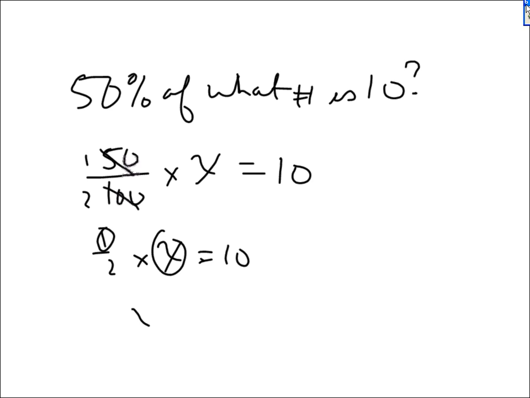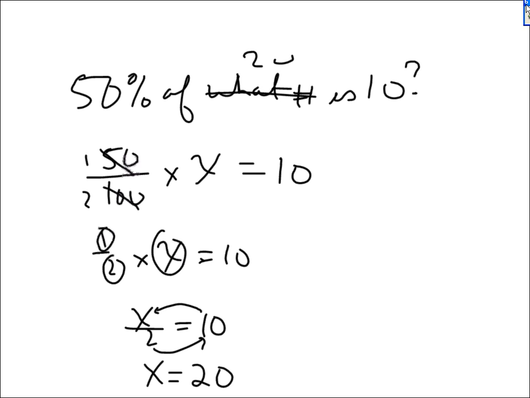1 times x is x over 2 is 10. This is a very simple equation to solve. That product equals x. That product is 20. That is x is 20. 50% of 20. 50% means half.